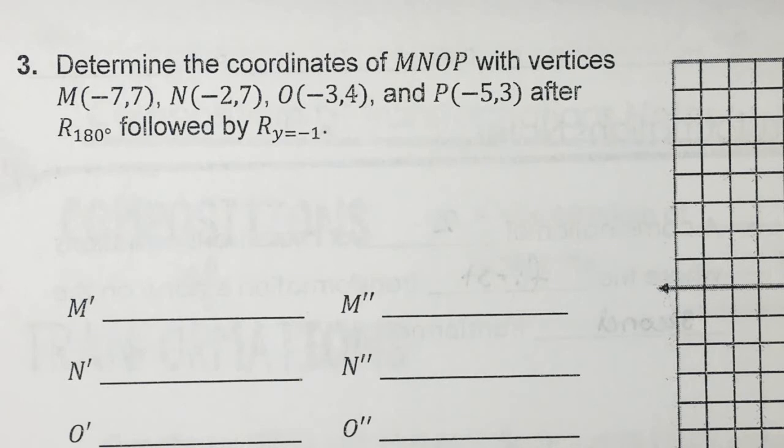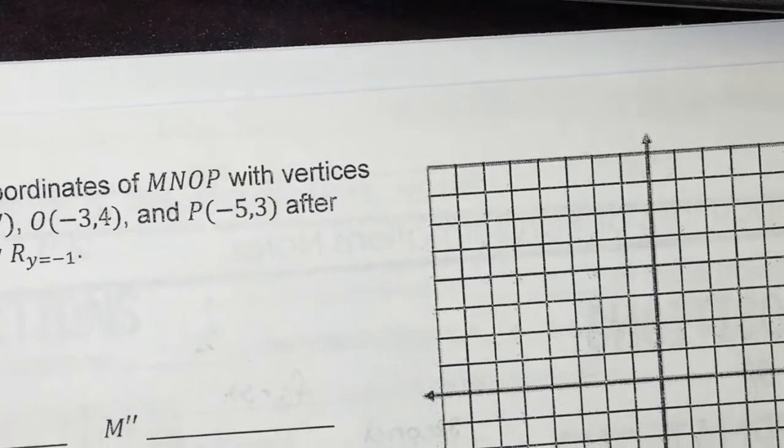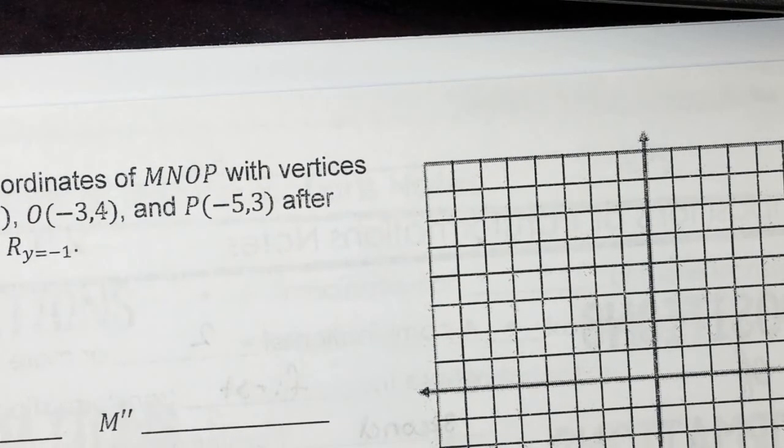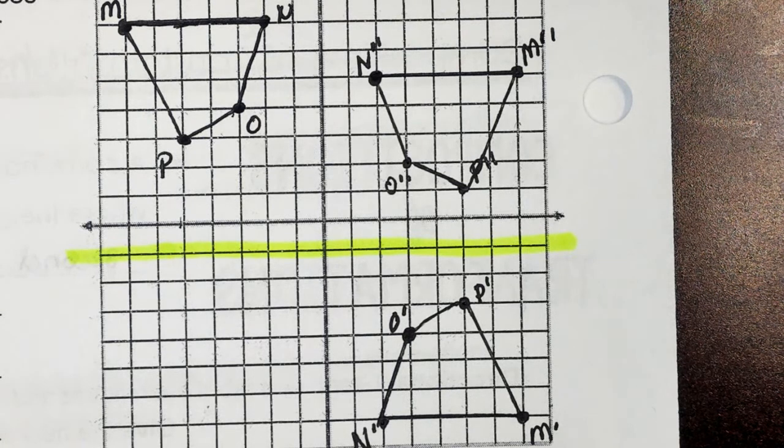Y'all don't need me to do it. Rotate 180, then reflect your image over y equals negative 1. Alright, so this was our image after the rotation of 180 and the reflection over the line y equals negative 1.